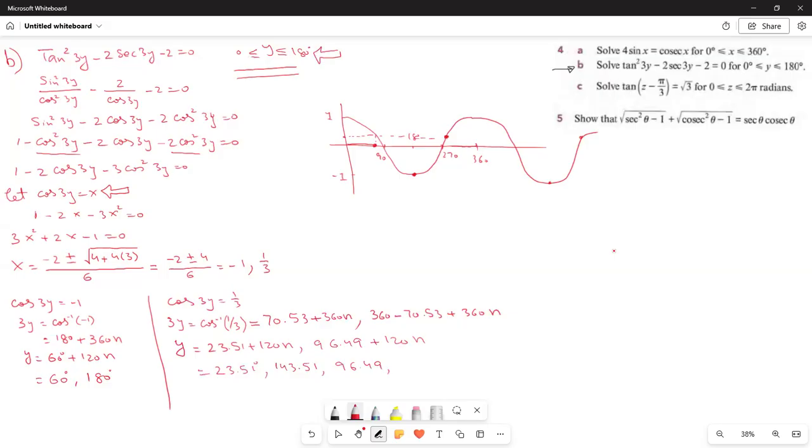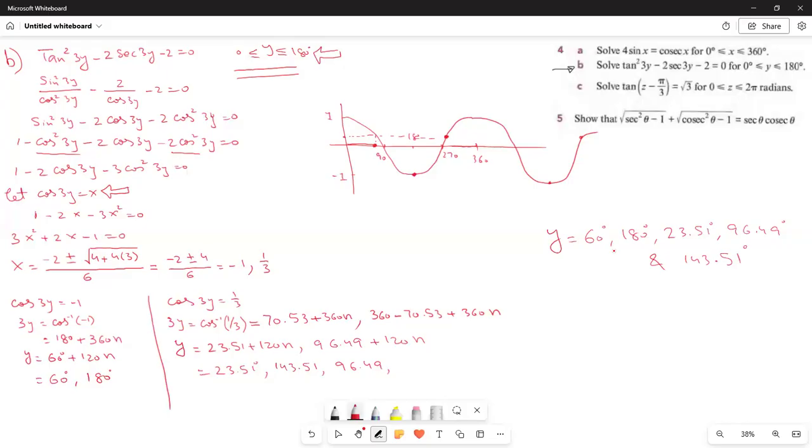So I have 3 answers for this part. My final answers are y is equal to 60 degrees from here, and then 180 degrees, and then 23.51, 96.49, and 143.51.